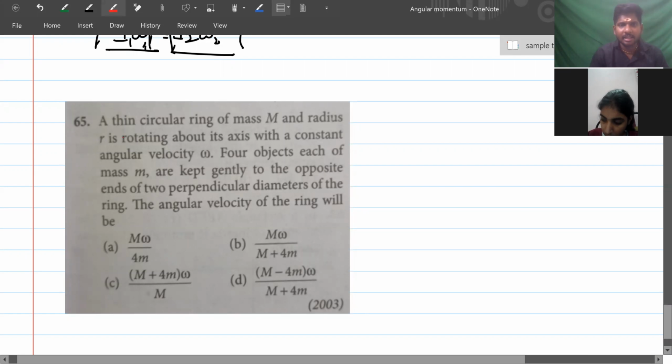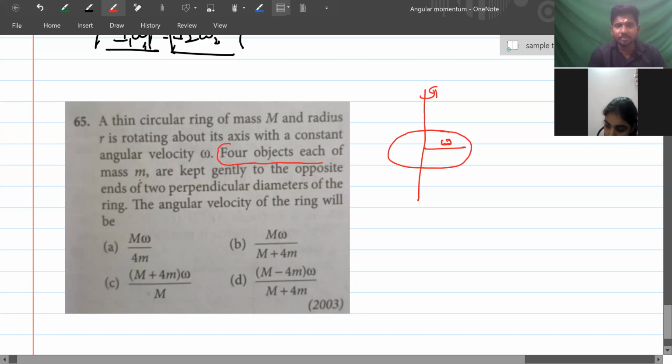A thin circular ring of mass M is rotating about its axis with constant angular velocity omega. Four objects, each of mass m, are kept gently, and these words are important, are kept gently at the opposite ends of two perpendicular diameters of the ring.